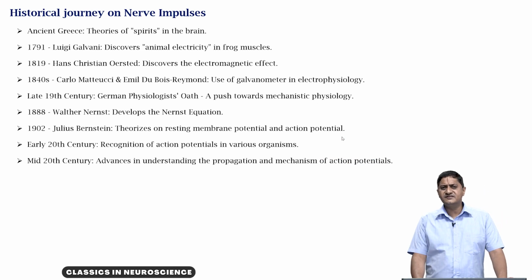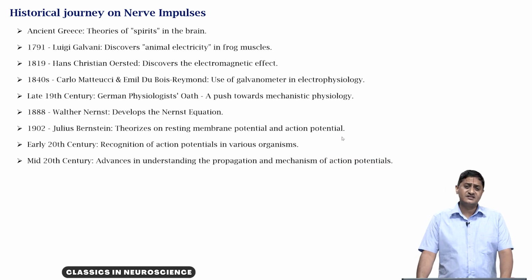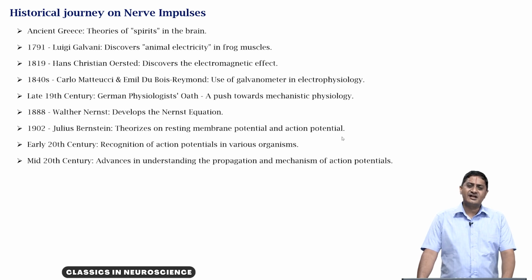So, the nervous system, different parts of the nervous system, are connected through long axons. A critical property of an axon is that it is an excitable membrane.